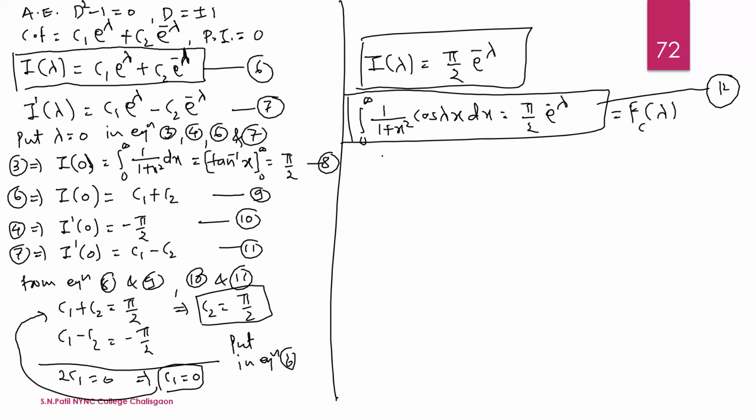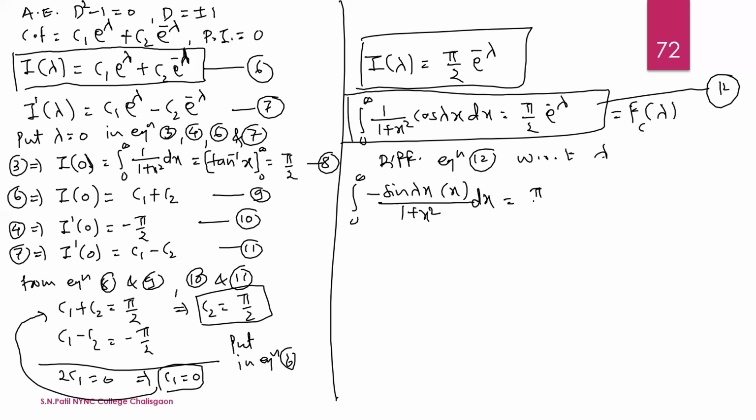Now for the second question we differentiate this with respect to lambda. Differentiate equation 12 with respect to lambda, then 0 to infinity. The derivative of the cosine function with respect to lambda is minus sine lambda x, and again the derivative of lambda x is x, with respect to lambda, over 1 plus x square with respect to x integration, equals pi by 2.